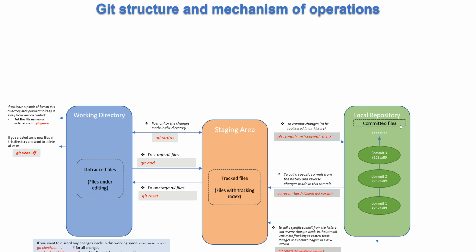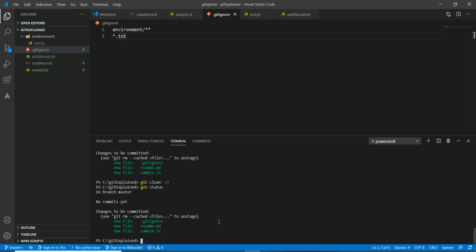We want to move this to the local repository. So we will just enter git commit -m, and in the string we say my first commit.